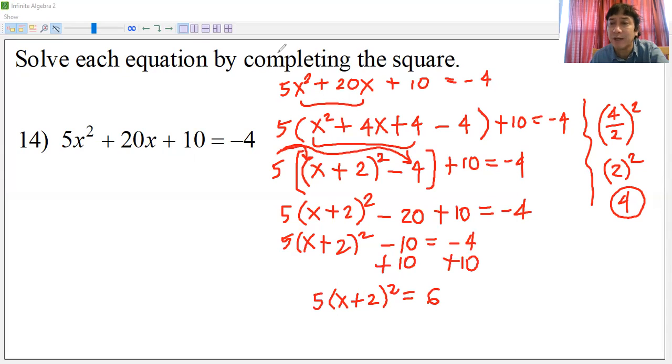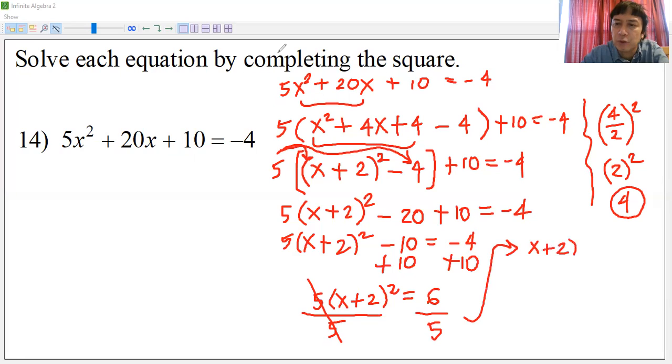We shall divide by the 5 here. Divide and divide by the 5. Cancels, and then you still have the 5 there. So this will continue over here. You have x plus 2 squared, and you have 6 over 5.